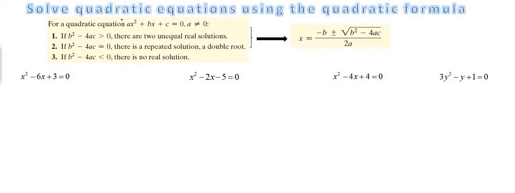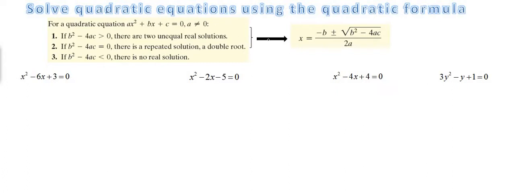For the third scenario, if b squared minus 4ac is less than 0, there is no real solution. So as we can tell, only for the first two scenarios we have solutions.